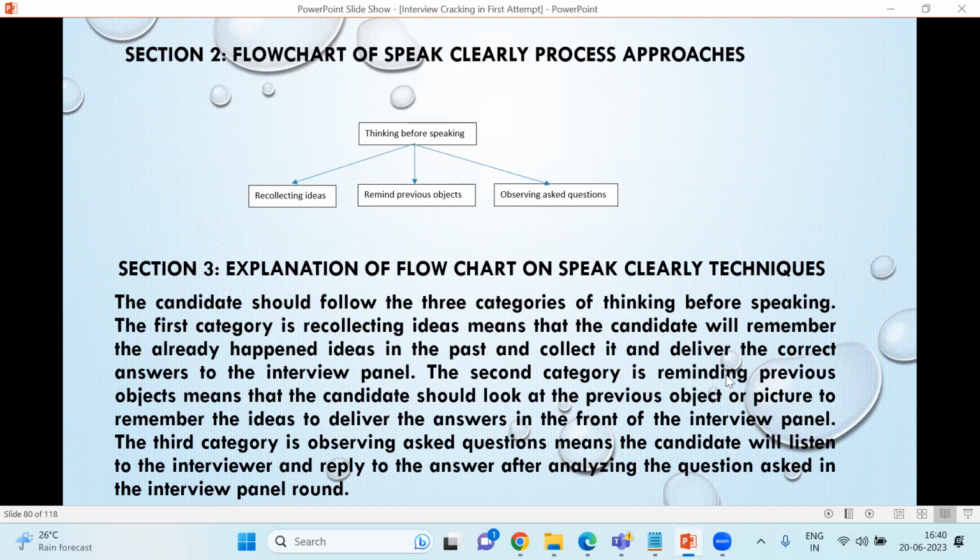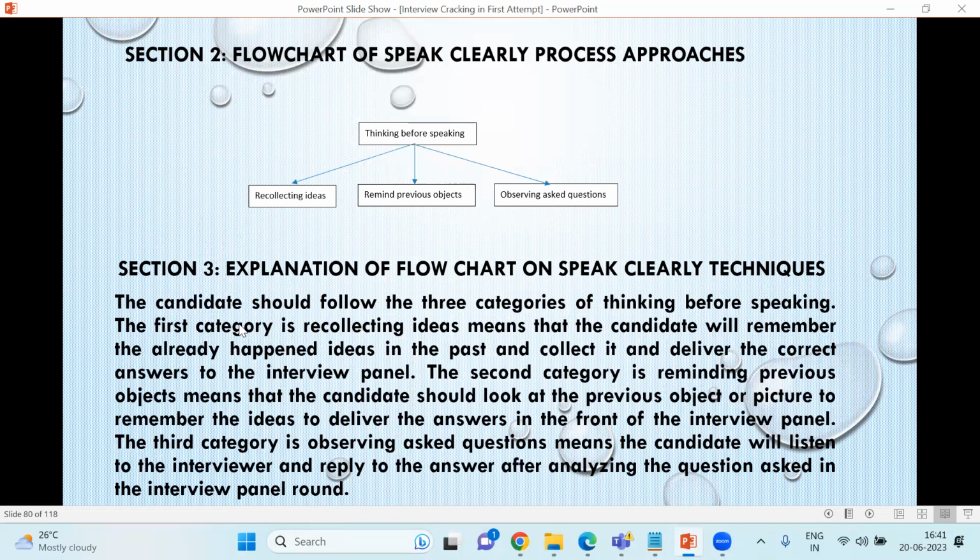The second category is reminding previous object, which means the candidate should look at a previous object or picture to remember the ideas and deliver the answers in front of the interview panel. The third category is observing asked questions, which means the candidate will listen to the interviewer and reply by analyzing the questions asked in the interview panel round.